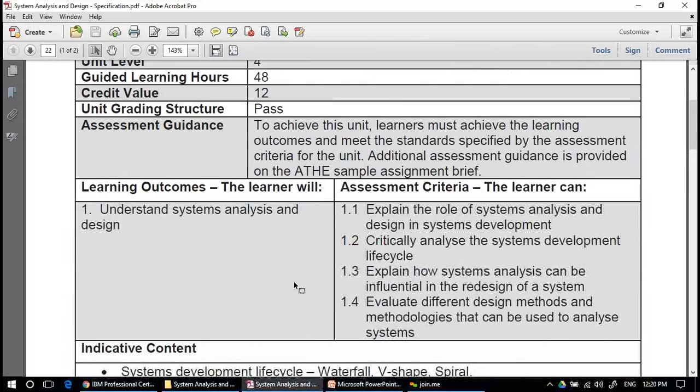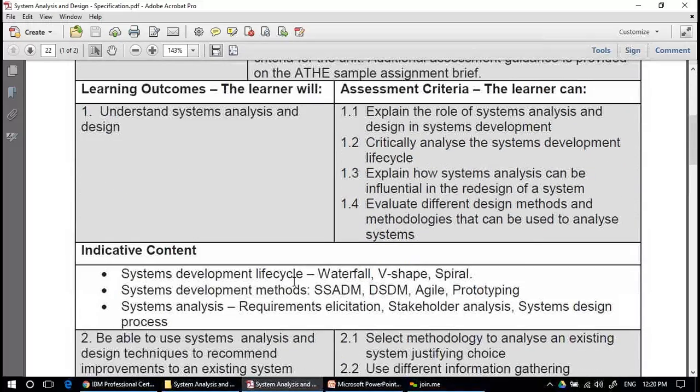So probably this unit could be started with some basic definitions of software engineering, but as these learning outcomes are given, we might start with a few of the chapters of the course, jumping directly towards the system development life cycle.